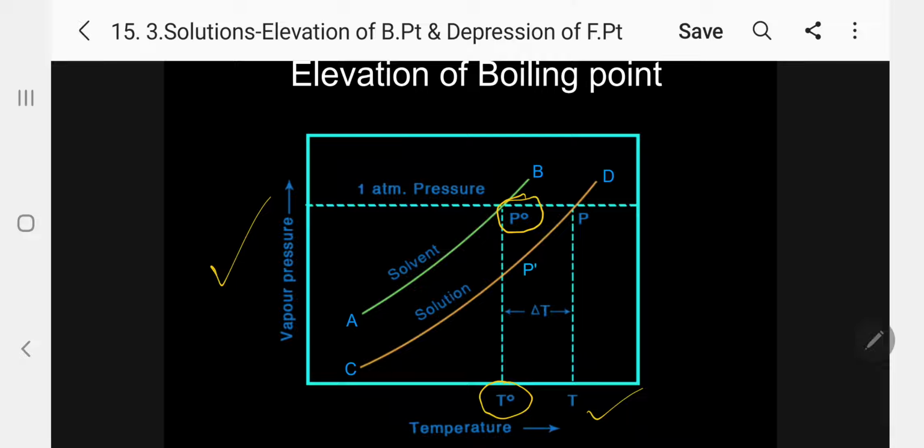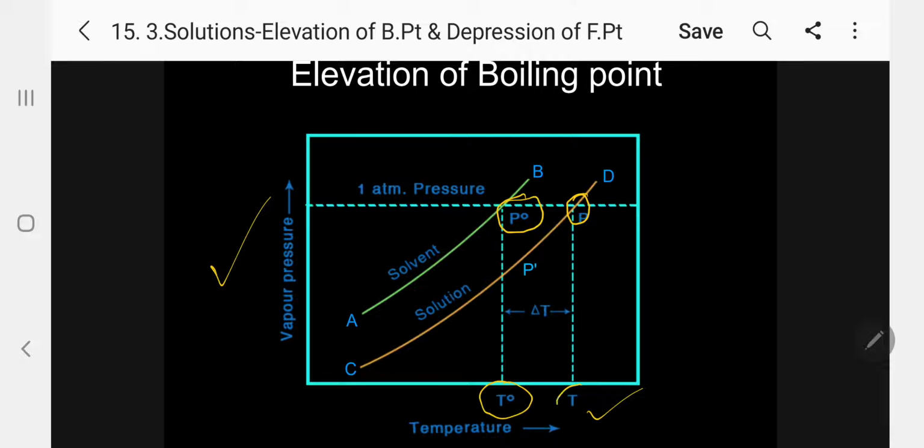The same way, after dissolving a known quantity of non-volatile solute in the solvent, it becomes a solution. So the vapor pressure decreases, shown by CD. CD is lower than AB, so it decreases, and correspondingly the vapor pressure is P. Kindly follow.